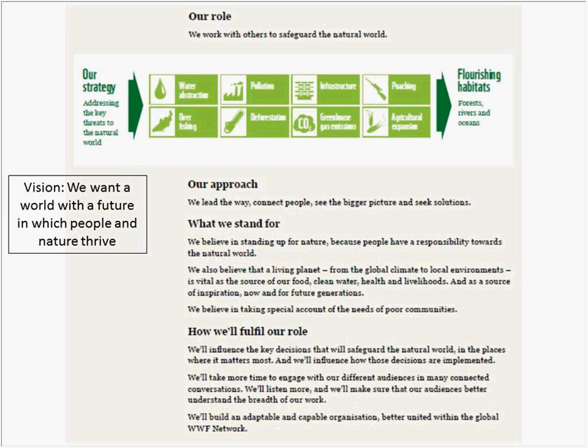So they've started to adapt their language. Interestingly, in terms of setting out their strategic plan, they've put it down into 8 areas: water abstraction, overfishing, pollution, deforestation, infrastructure, greenhouse emissions, poaching, and agricultural expansion. And so it's there on one page. It's very text heavy, but it's still there on one page.